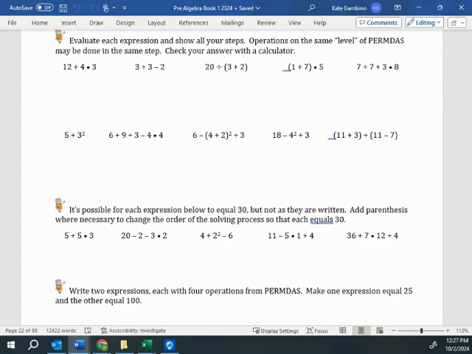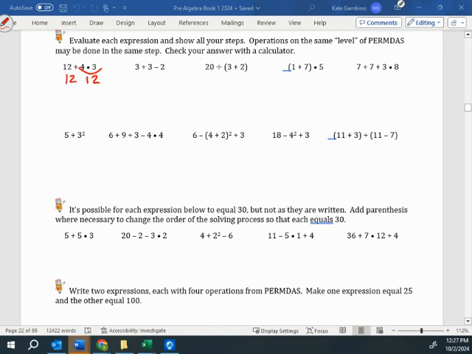Then it says show all your steps. This is what I'm looking for. This is what I want you to do. And when we show our steps, we look at this and we say, oh, I have adding and I'm multiplying. I know what PEMDAS does. I multiply first. So 4 times 3 is 12.